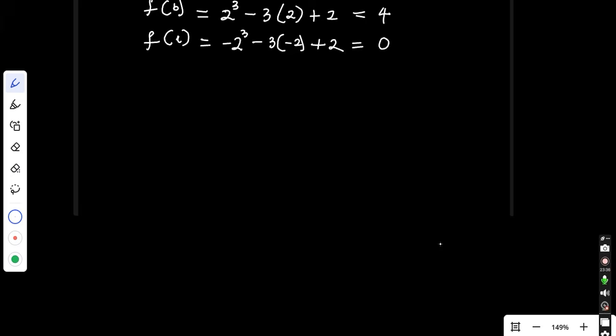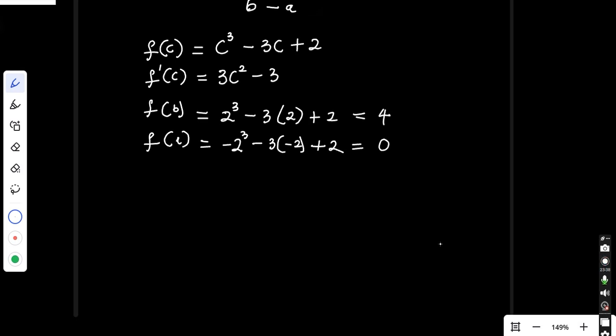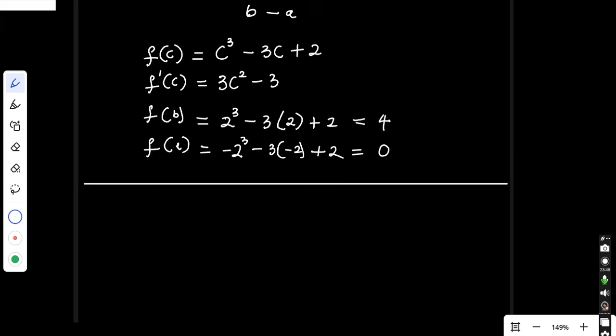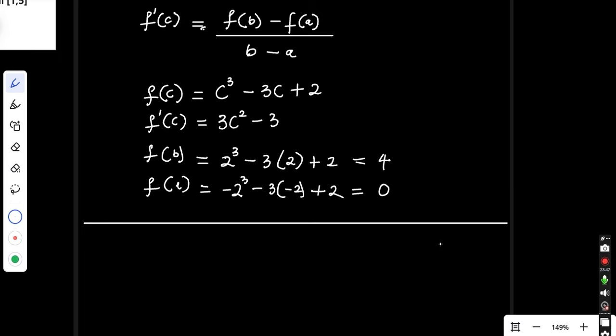So now let's implement the formula. From my equation up here, as a general formula for the mean value theorem, we're going to have that f prime of c is 3c squared minus 3. And this should be equal to the average rate of change. f of b is 4, f of a is 0, and b minus a is 4.